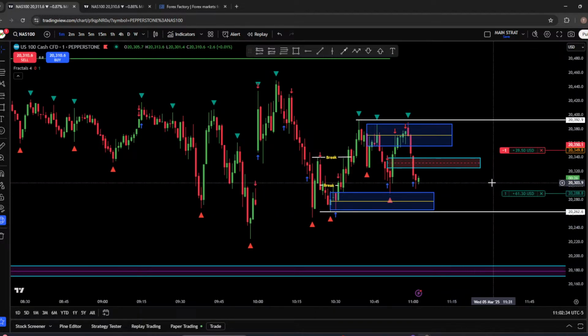Still $30 of profit. See if we can turn that fair value gap into inversion, or we get stopped out. At least we took some profit.